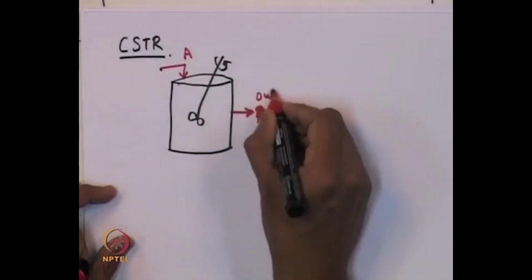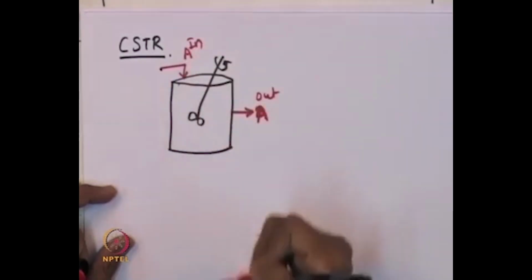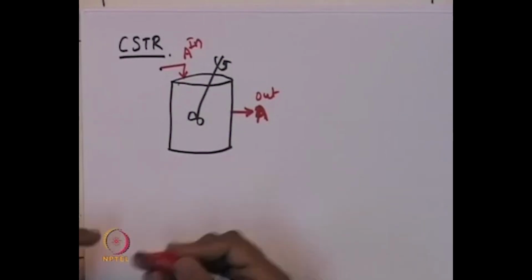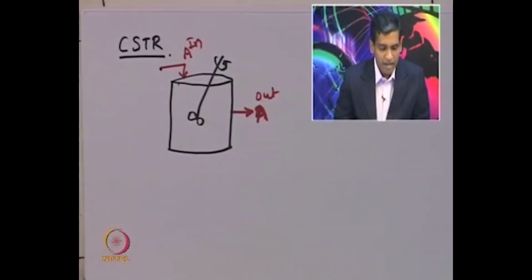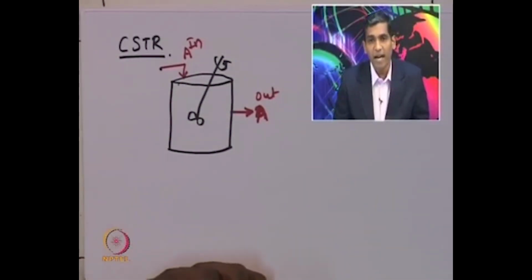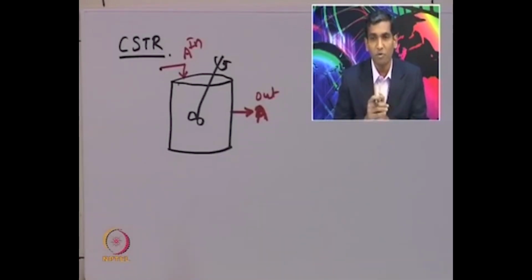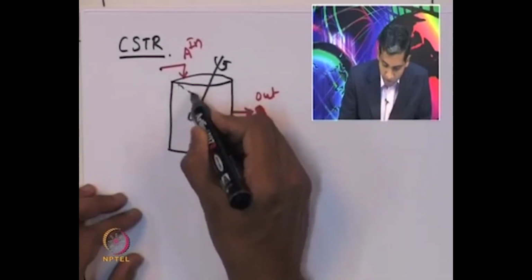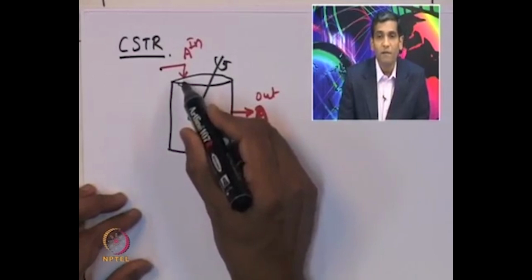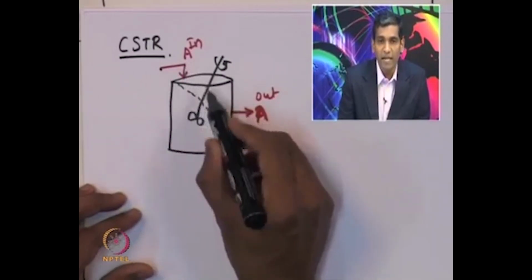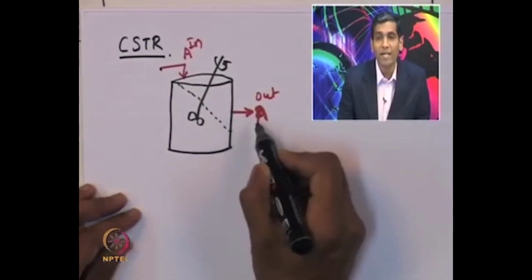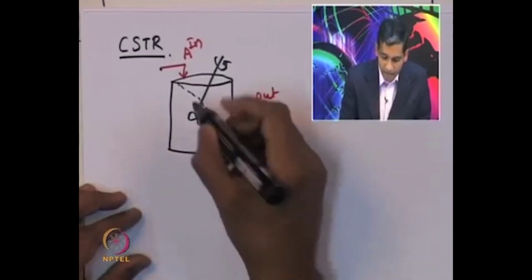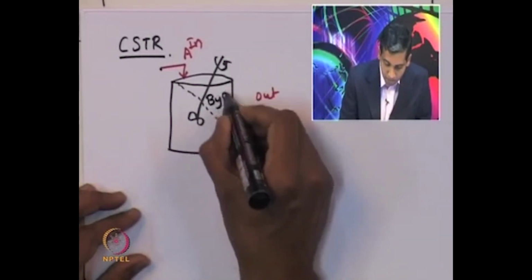Often the inlet and the outlet streams of the reactor may be placed close to each other for various reasons. Because of that, some of the fluid entering the CSTR would quickly leave the reactor, and that process is called bypassing.